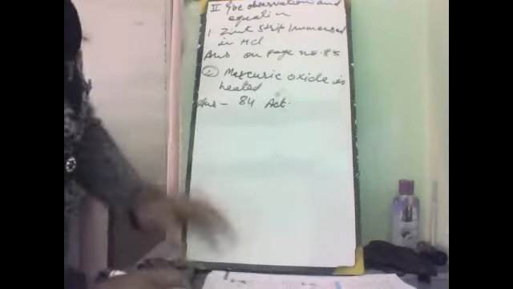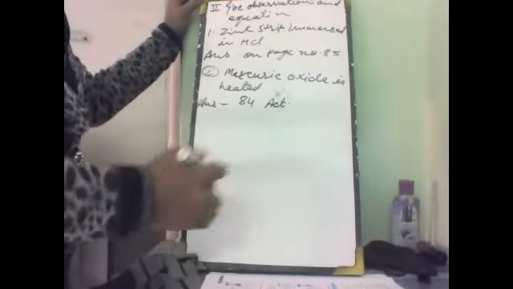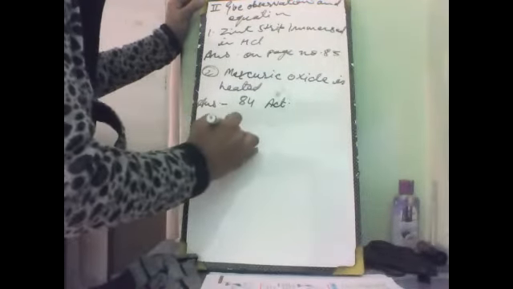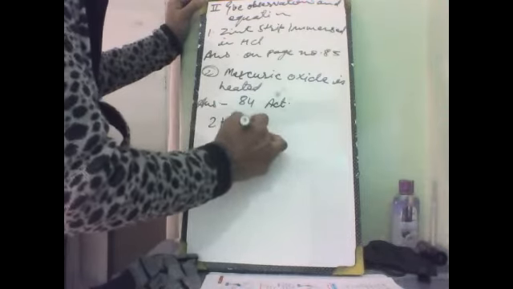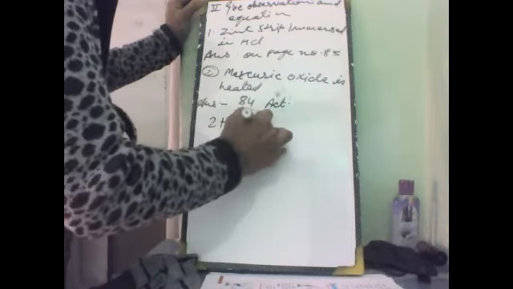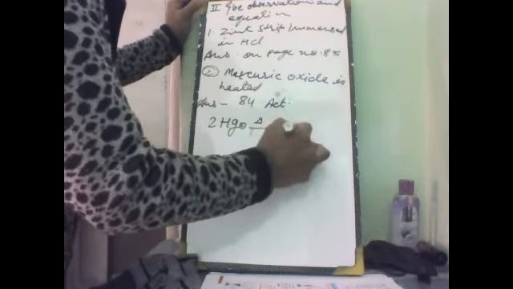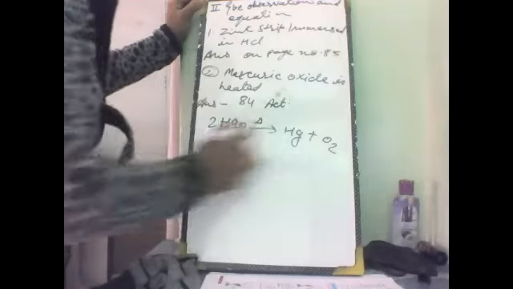You have to write the description, equation and draw the figure also. A silver mirror is produced. The equation is twice HgO on heating changes into mercury and oxygen.